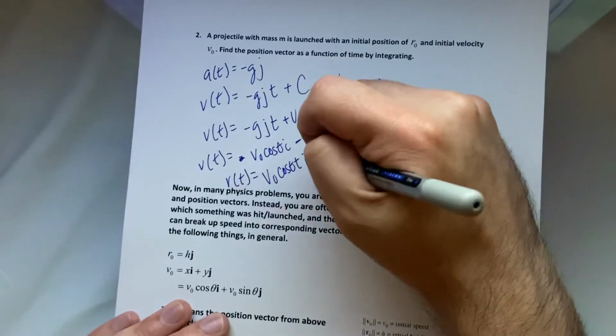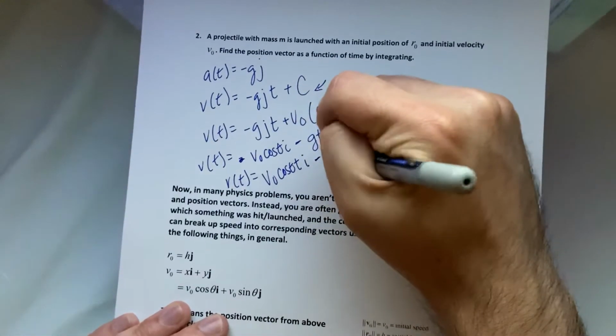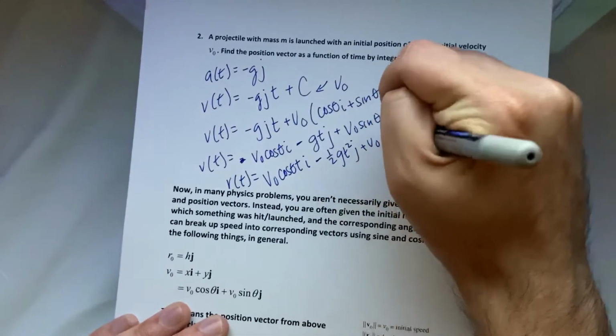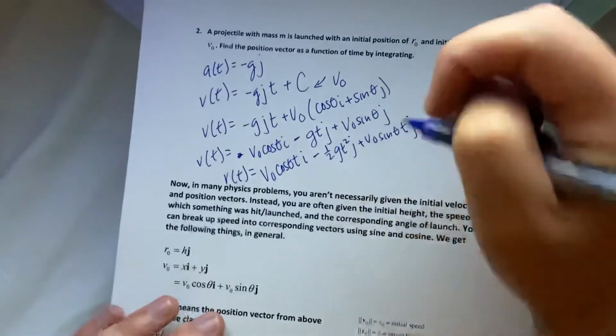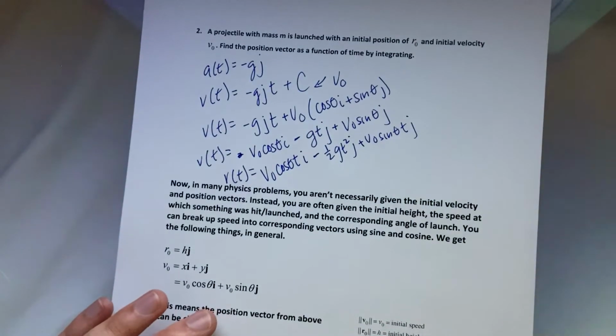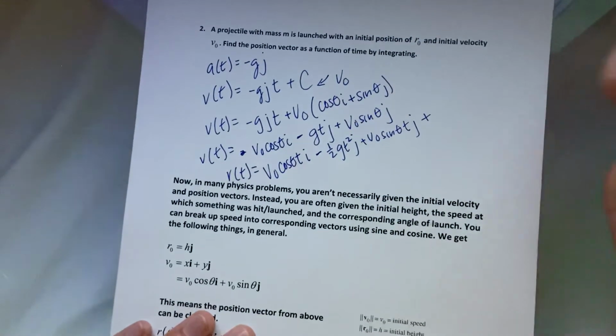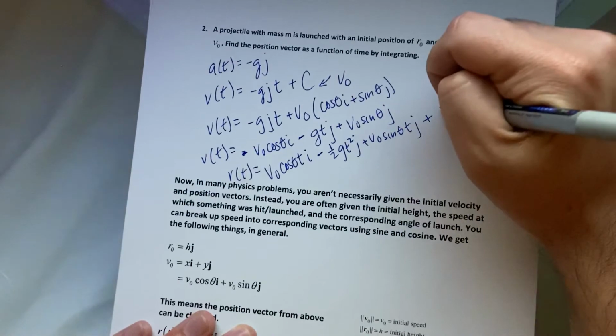This is relative to t, so it'll be minus 1/2 gt squared j plus v0 sine theta t j, plus our initial position, which we'll call r0.